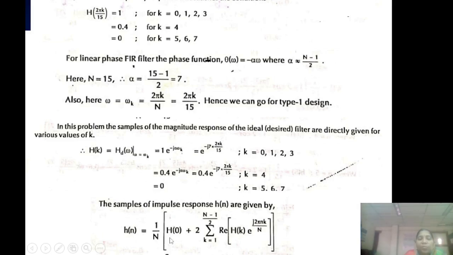Then h of n is 1 by N, H of 0 plus twice summation k equal to 1 to N minus 1 by 2, the real part of H of k e power j 2 pi n k by N. Now when you substitute, it is 1 by 15, H of 0 plus twice into k equal to 1 to 3, real part of H of k e power j 2 pi n k by 15, plus 2 into real part of the term for k equal to 4. We have split 1 to 3, then for 4 it is this expression.